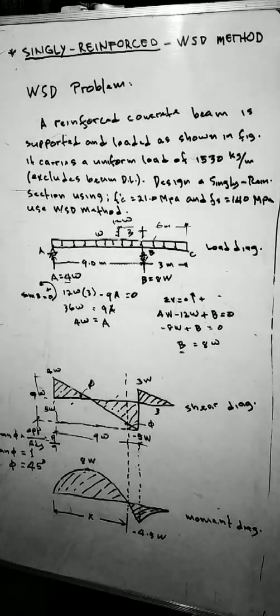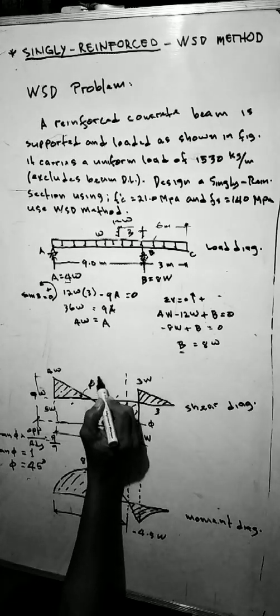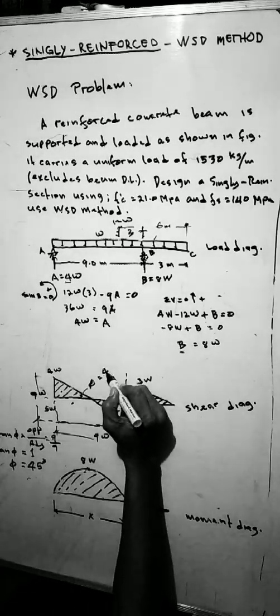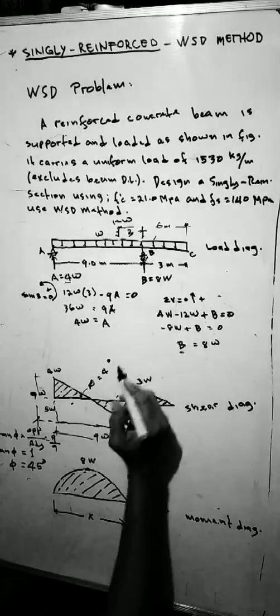Try to press 1, then inverse tangent. It will give you 45 degrees. Meaning, this angle is 45 degrees.